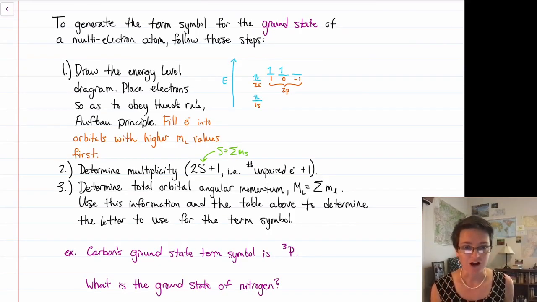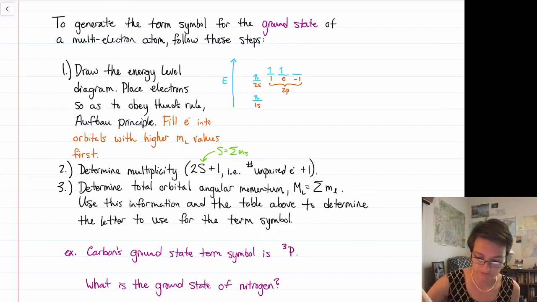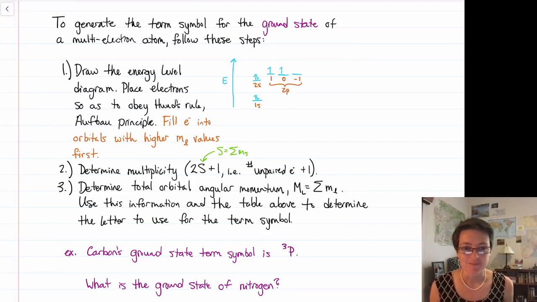First off, draw your energy level diagram, just like you're used to in GChem. Place your electrons so that it obeys Hund's rule and the Aufbau principle. And then a new caveat, fill the electrons into orbitals in such a way that you fill the higher levels of m sub l first. And so with those, I like to do this by simply labeling my orbitals. S doesn't matter, L is always 0.